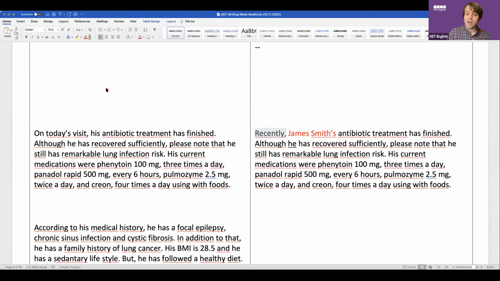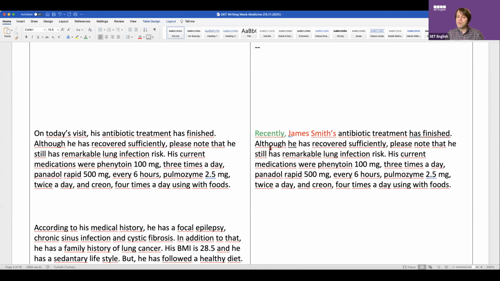This is a very common error in OET for doctors. Don't use today with present perfect in the current condition paragraph. It doesn't sound right. You can't even use currently with present perfect. Recently is the one that you want. If you're using present perfect, this tense here, we all know that's a very difficult tense, right?